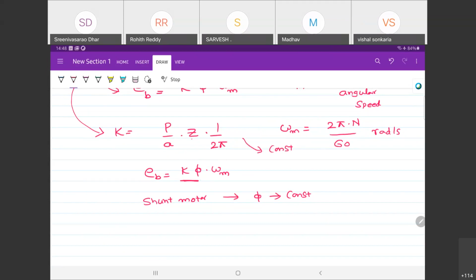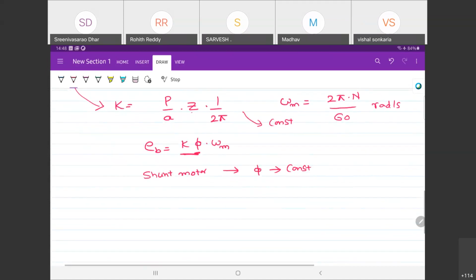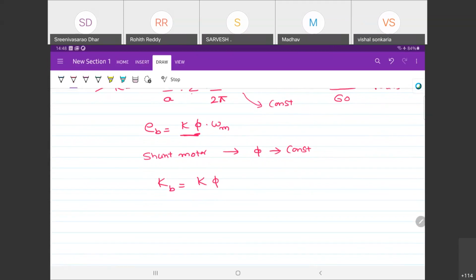We also assumed that this phi is constant. So we can define another constant, KB, which is K into phi. This KB is known as the back EMF constant, or induced EMF constant.